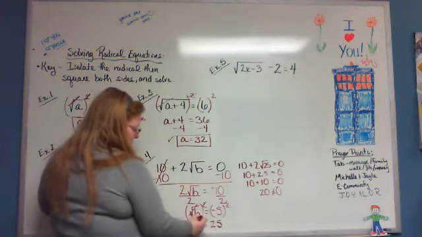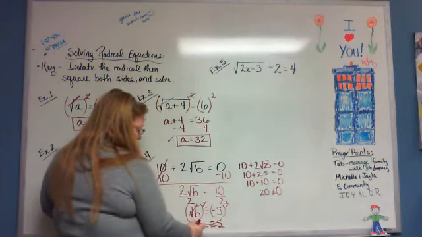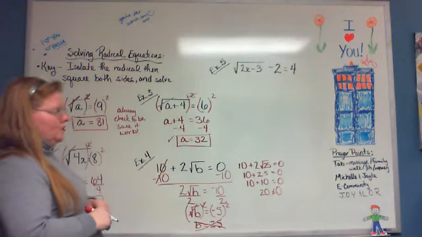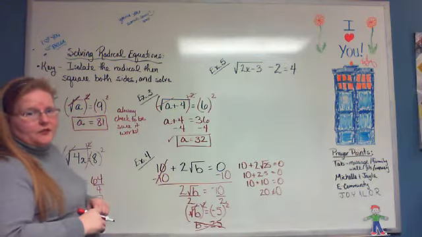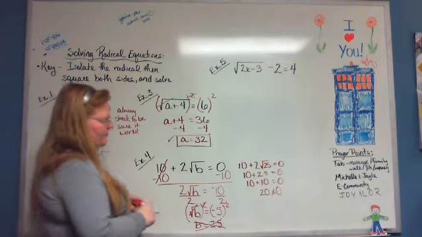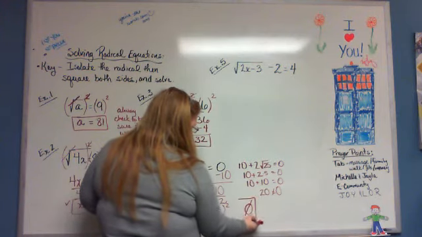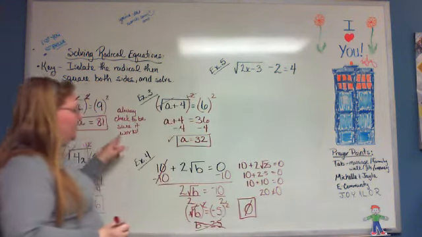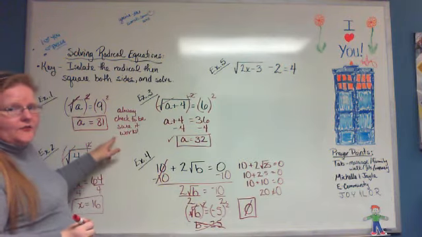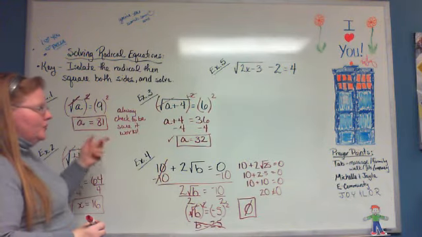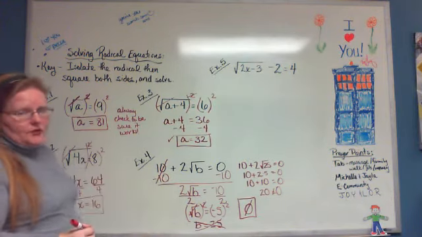Since it doesn't work, that cannot be your answer, which means your answer must be no solution. Once again, you need to make sure you check every single answer in the original problem to make sure it comes out correct.